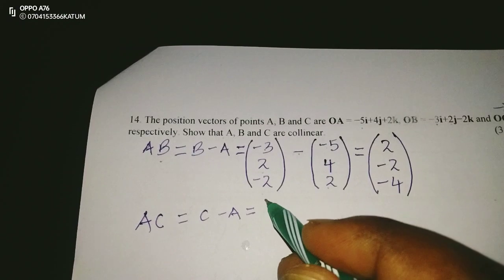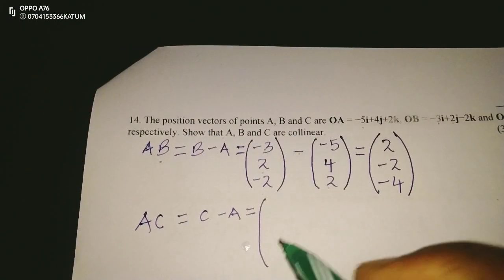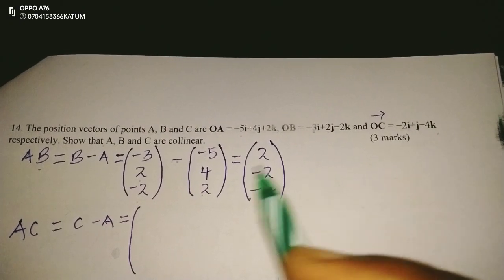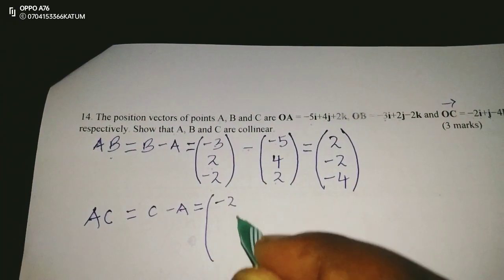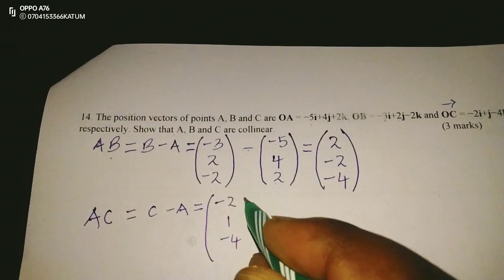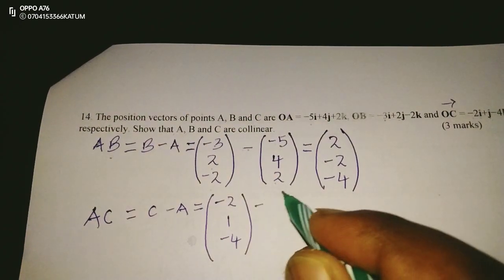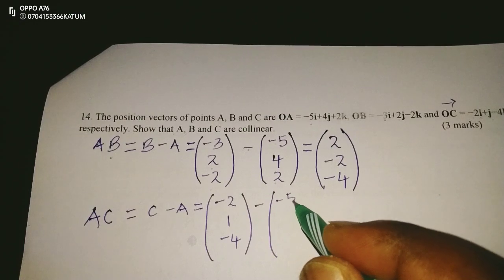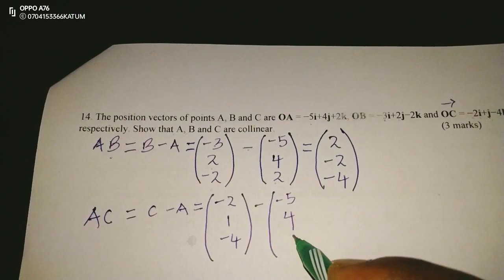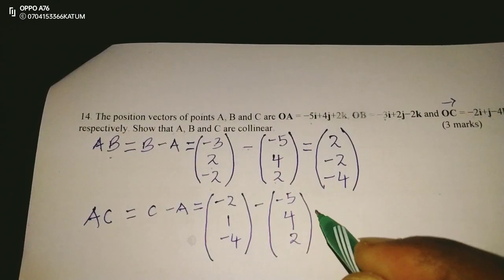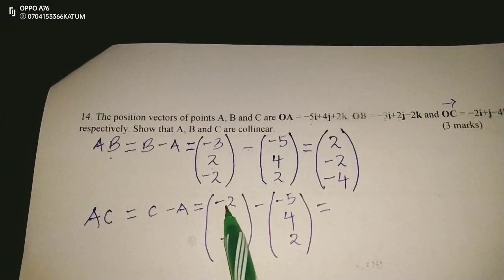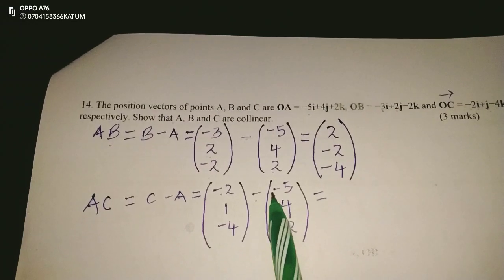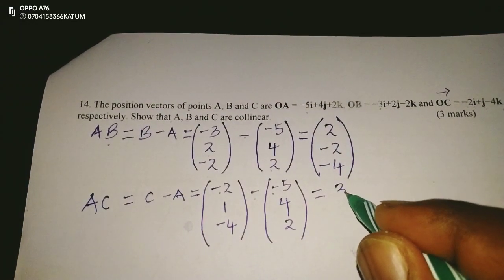We can do another vector like vector AC, whereby we need C minus A. This is going to be the position vector of C, which is (-2, 1, -4), then we subtract the position of A, that is (-5, 4, 2). Now this is going to be -2 + 5, this becomes a 3.